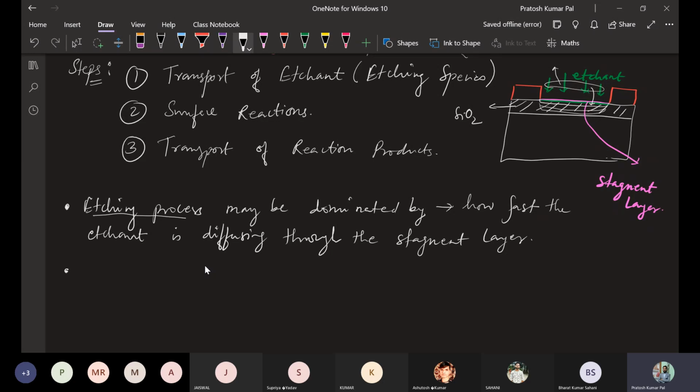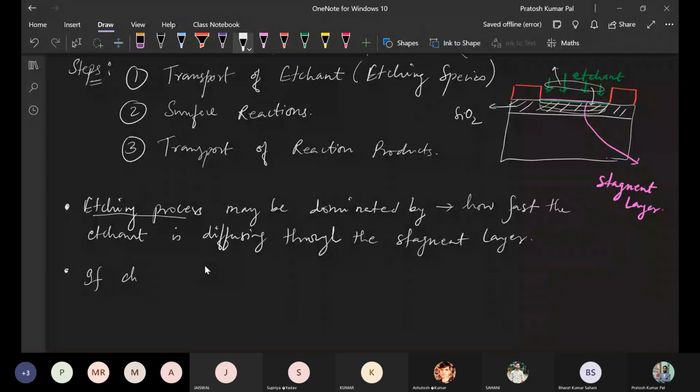So suppose a chemical reaction is going to take place while performing the etching, and in that chemical reaction it is going to release some gas.